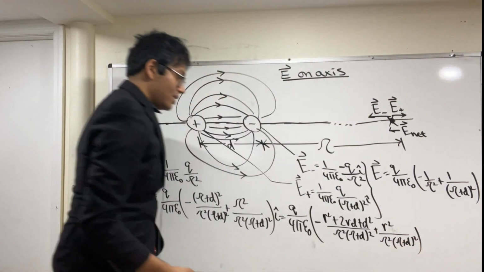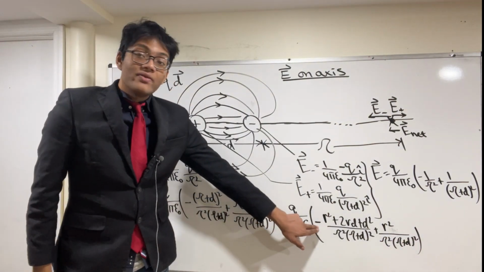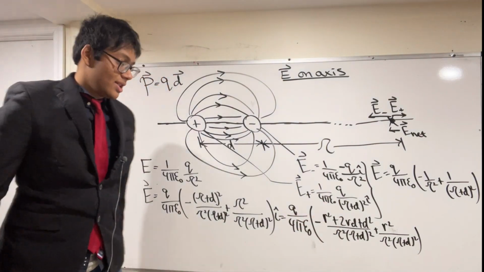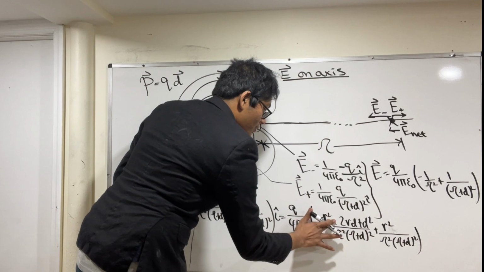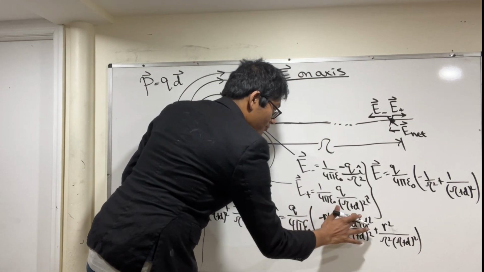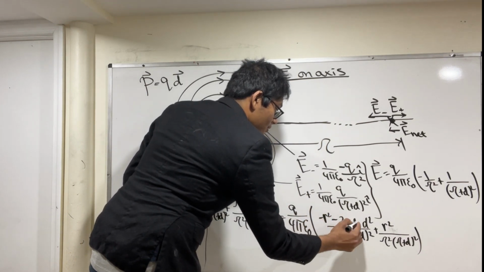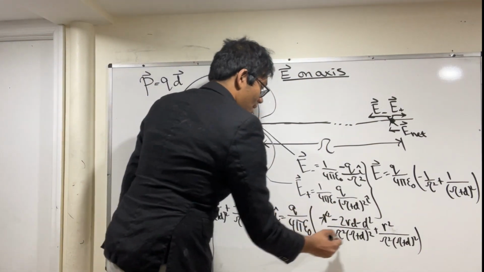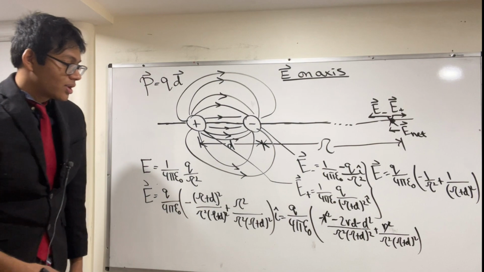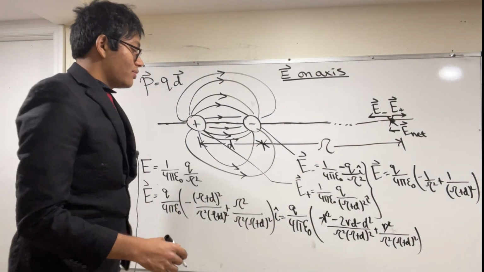Now notice something. This minus sign can be a bit deceiving, but it's multiplying this entire fraction, right? So really what we have here is minus r squared minus 2rd and minus d squared, right? And what do you notice? Well, minus r squared and plus r squared happen to cancel out. And so what are we left with? Let me write this over here on the top.